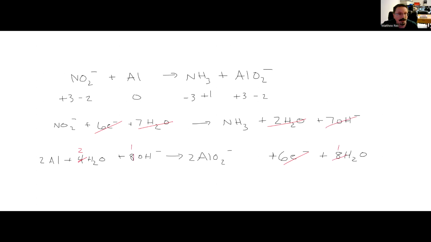So let's see what that looks like: 2 Al plus NO2 plus 2 H2O plus OH minus.